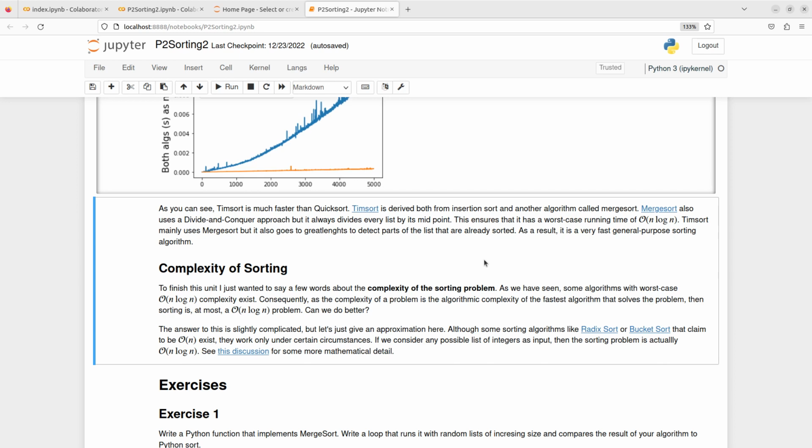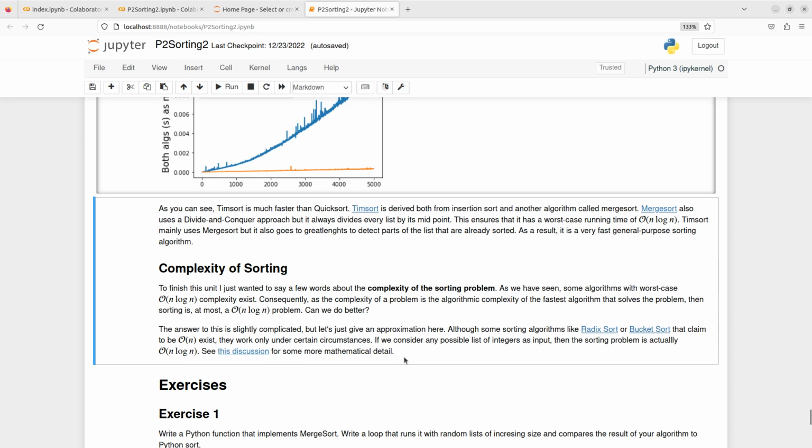Today, as we are speaking in general terms, the complexity of the sorting problem is n log n. So Timsort for most applications is going to be the best that I can do, probably. There are some sorting algorithms, for example, two come to mind, radix sort and bucket sort, that claim that they are O of n.